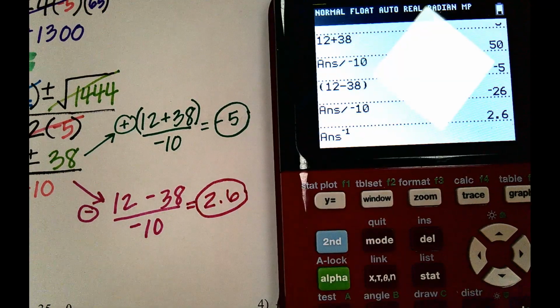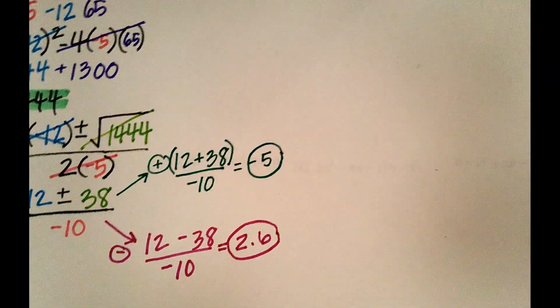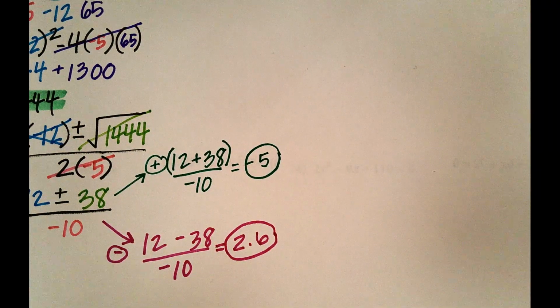Those are our answers. And if you remember way back, the way that we can write these answers, we have a few options. These are single x values, not a coordinate, so do not put them in parentheses. Then you're telling me it's an x and a y.